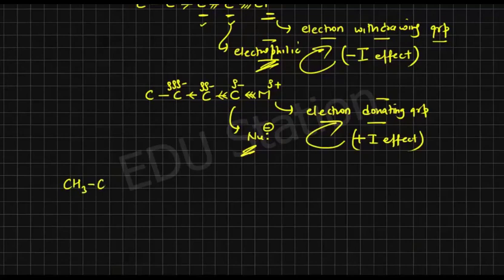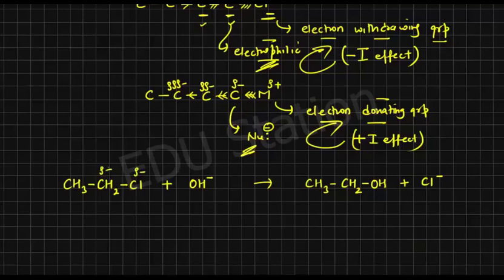You have CH3, CH2, Cl. OH negative attacks on this chloroethane. Now, this is your product. Now, why and how this product is formed?